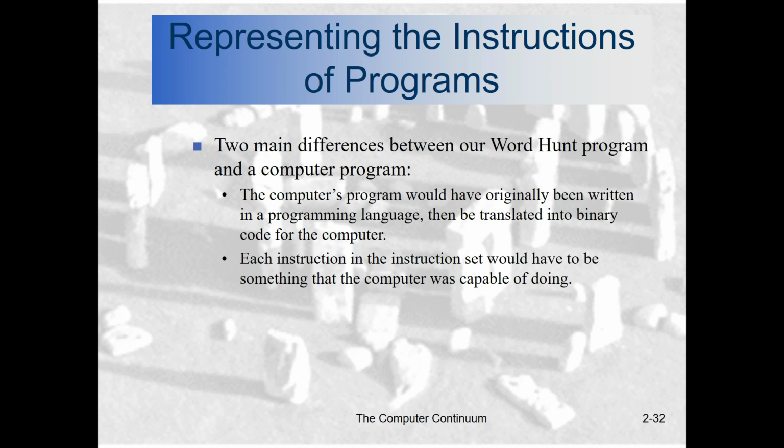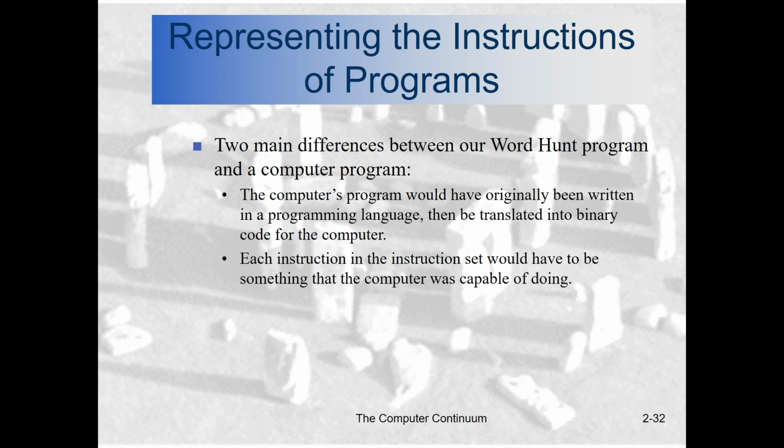So there is a whole process that you would learn about in compiler construction. In the compiler construction subject or class, you would learn about how these computer programs are converted into assembly language, and then assembly language is converted into binary numbers. So you learn about that later on, and each instruction in the instruction set would have to be something that the computer was capable of doing.